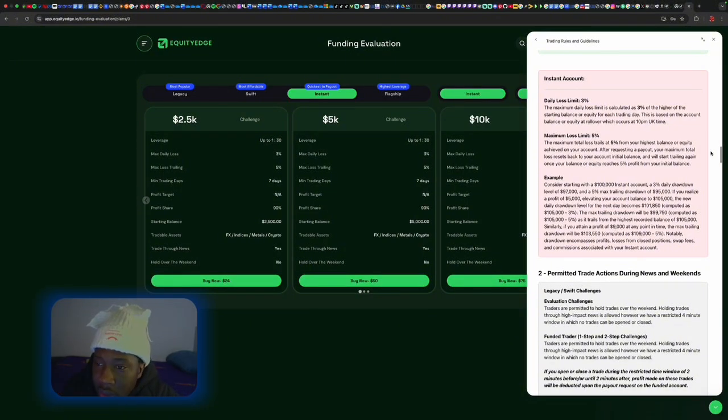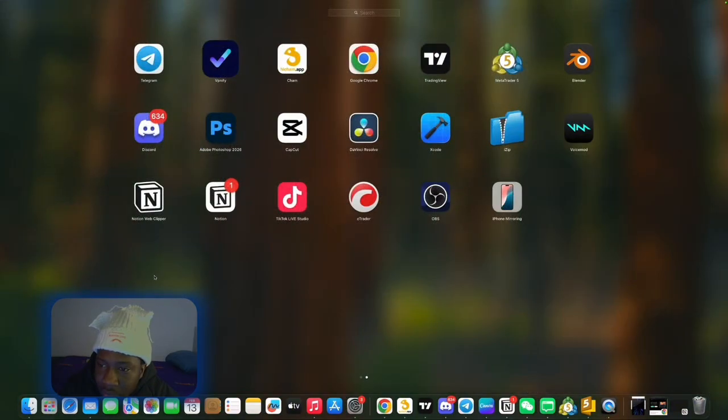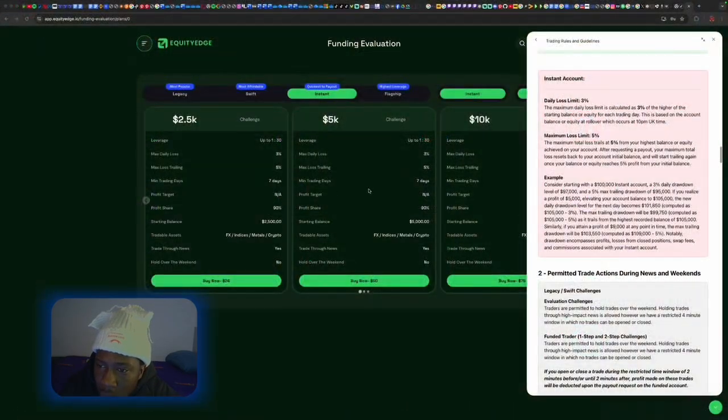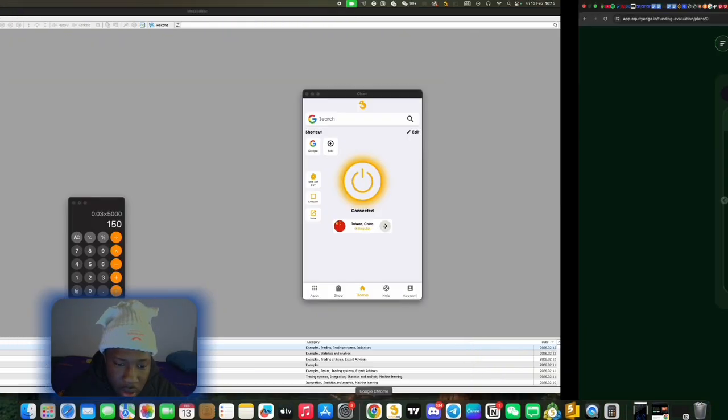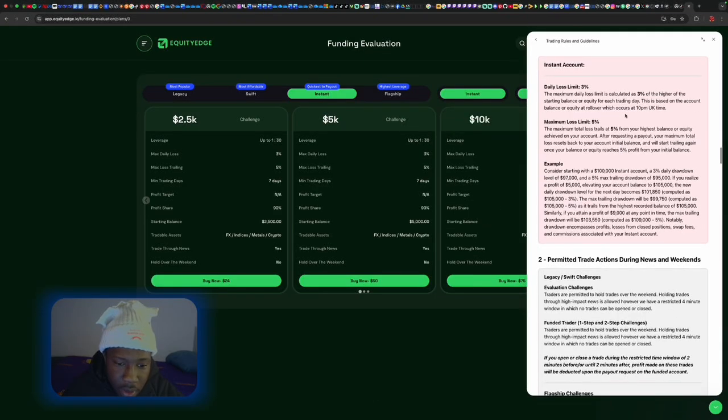On the instant account, they are saying the daily loss limit is 3%. So 3% of a 5k account, how much is that? 3% is 0.03 times 5,000.